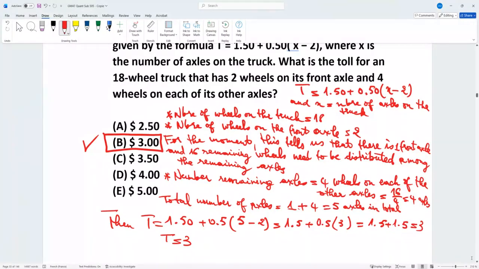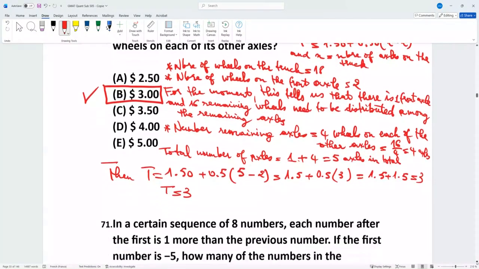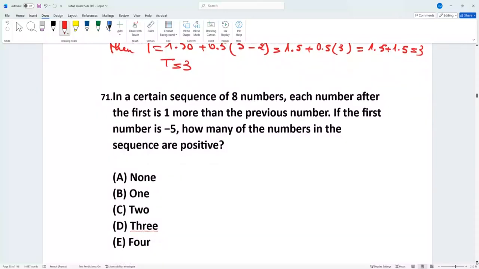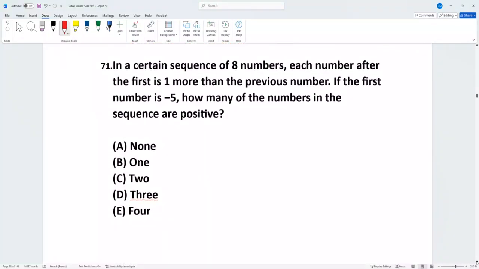Okay, so question 71. It says, in a certain sequence of 8 numbers, each number after the first is 1 more than the previous number. If the first number is -5, how many of the numbers in the sequence are positive? Okay, so in a certain sequence of 8 numbers, each number after the first is 1 more than the previous.